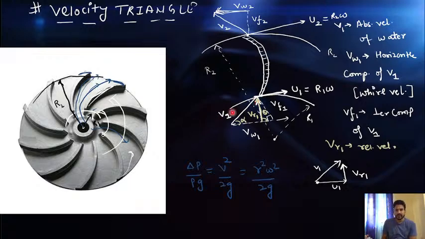So this is my absolute velocity of the water. This absolute velocity of the water has two components. This is my absolute velocity of water v1, and this is c. Actually, the blades are moving like this.